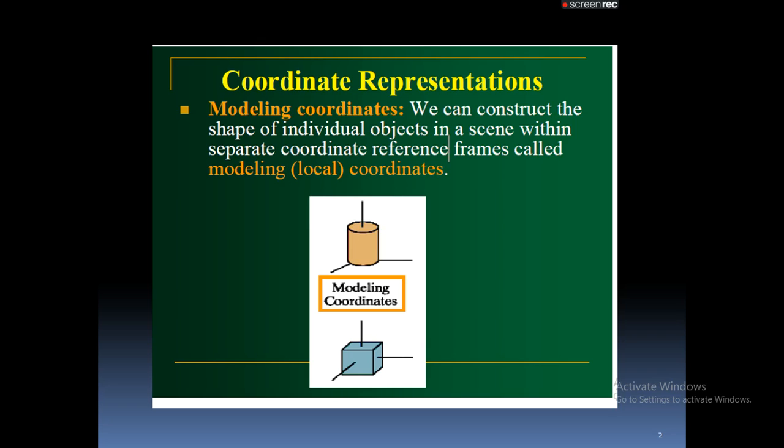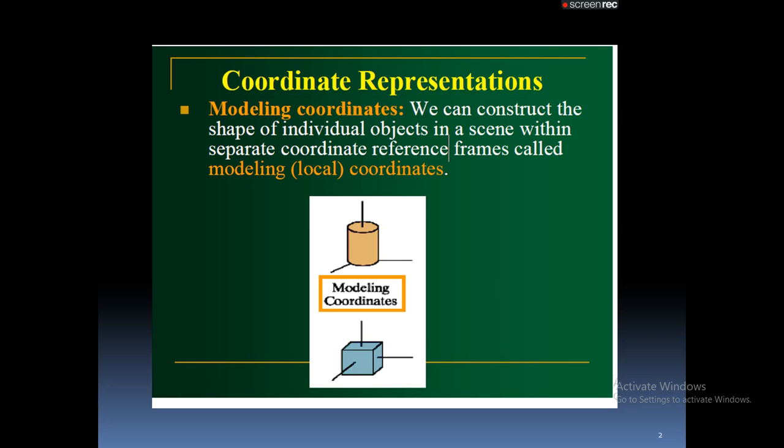So in OpenGL, when we want to construct an image, either 2D or 3D, first we need to provide a mathematical description of that particular object. This process is called modeling. Once you perform modeling, it means that the object has been created.